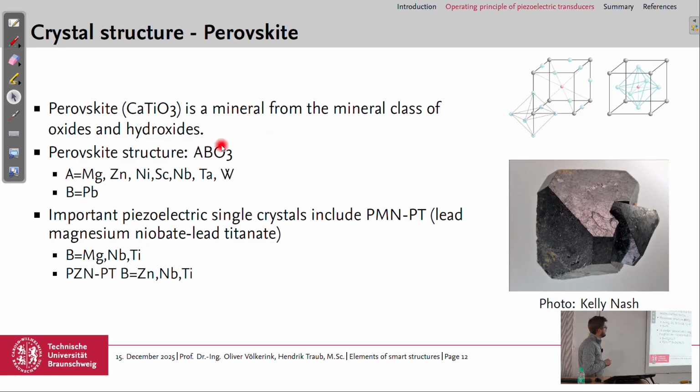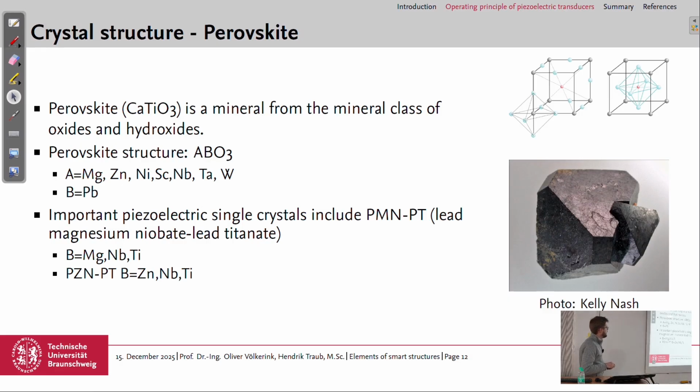It's a mineral class of oxides and hydroxides, and the perovskite structure has 3 different atoms or elements, A, B, and oxide. A could be magnesium, zinc, scandium, niobium, and so on, and B is, in our case, or most of the time, lead.